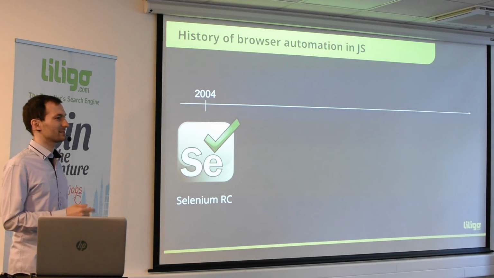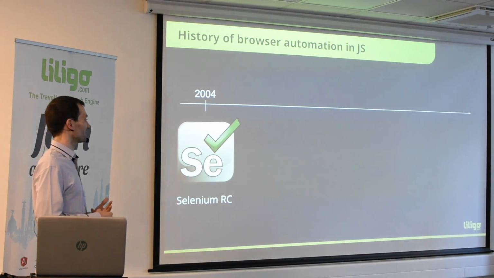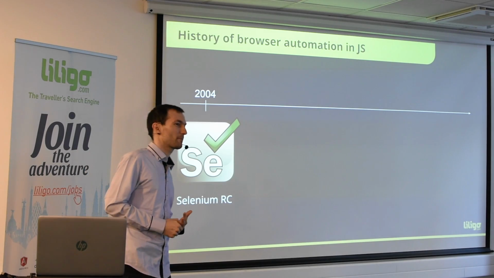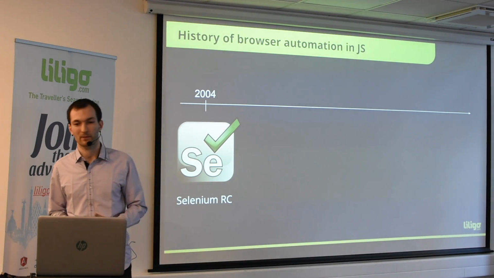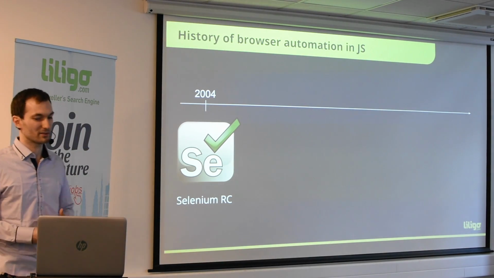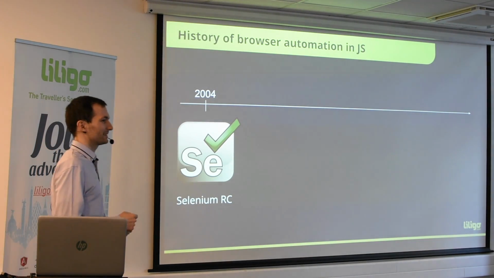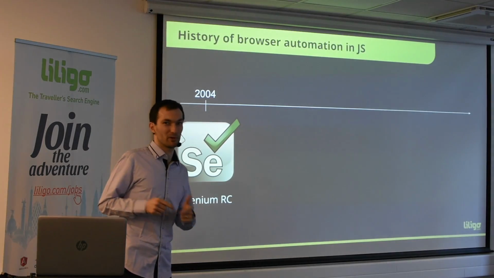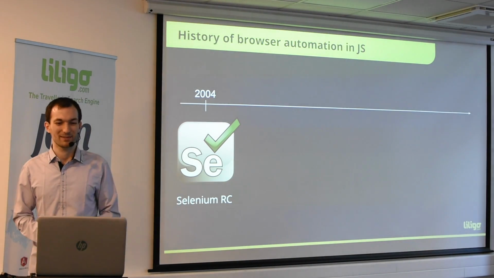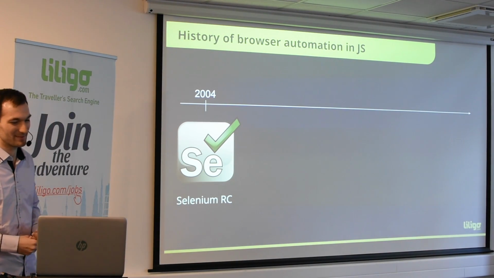One of the competitors of ThoughtWorks was a company named Mercury. They also created automation software, and it's a medical fact that selenium can cure mercury poisoning, so they named that tool Selenium.